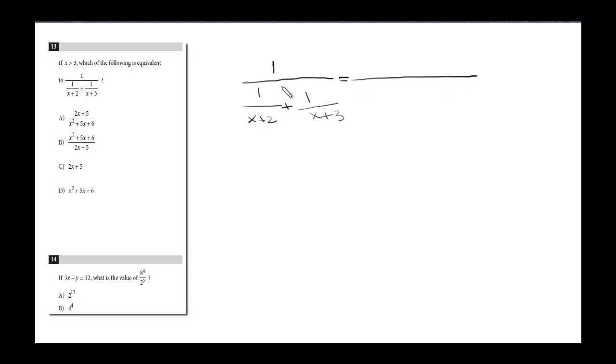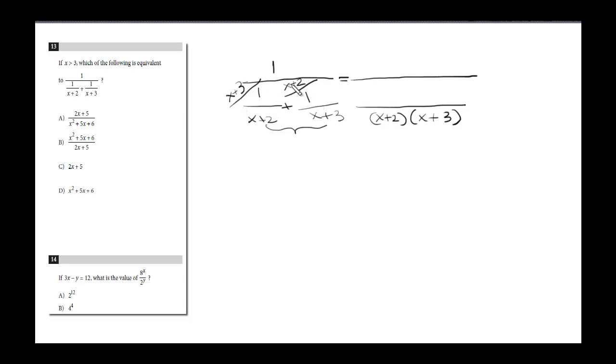At the denominator, the common denominator is the product of x plus 2 and x plus 3. The first fraction has to be multiplied, numerator and denominator, by x plus 3, and the second one by x plus 2. 1 times x plus 3 is x plus 3. 1 times x plus 2 is x plus 2.